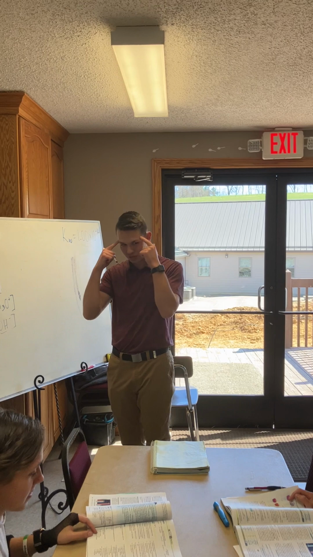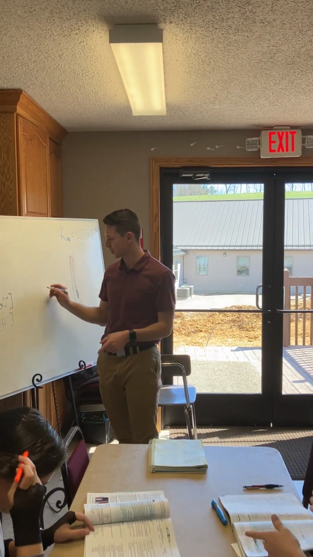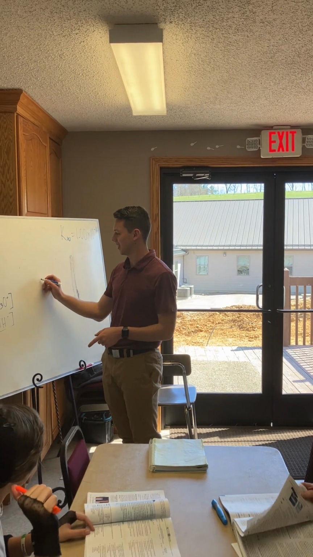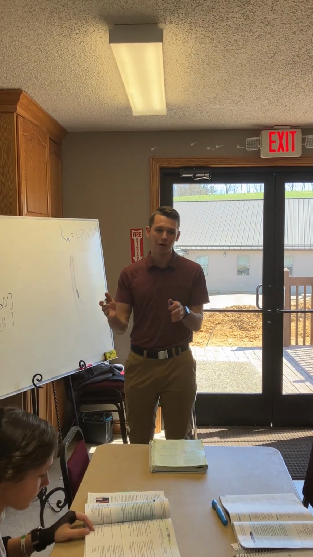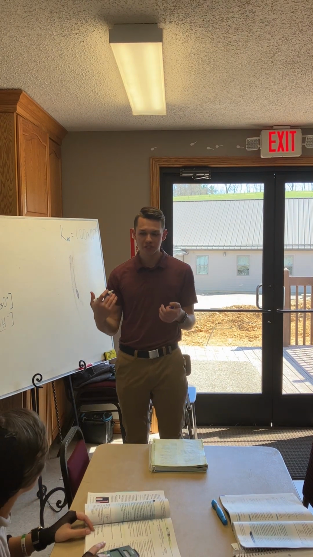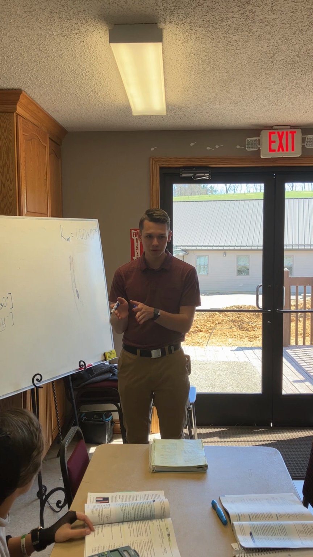Just to remember, when you do pH logs, when you do the log, it gives you the number. When you do significant figures, you only count the numbers after the decimal point.